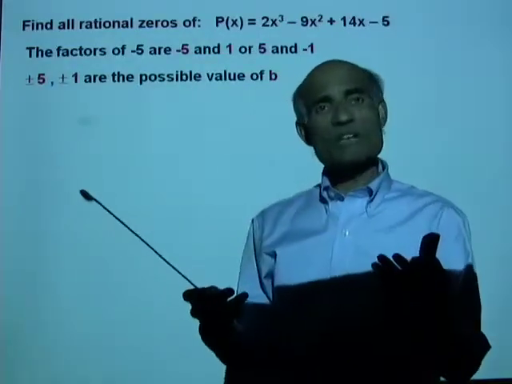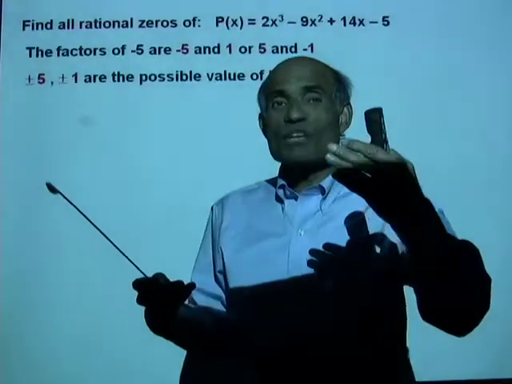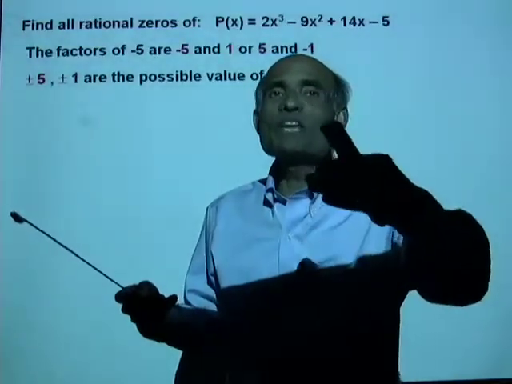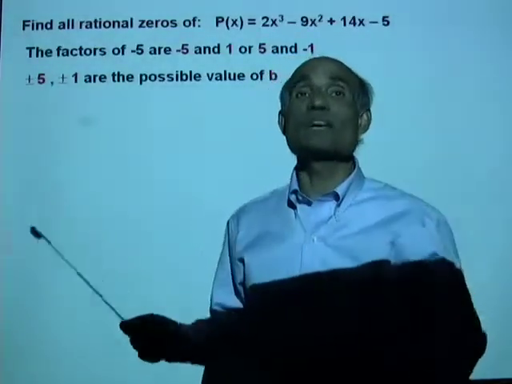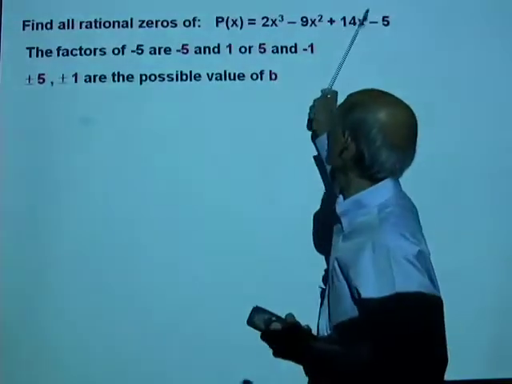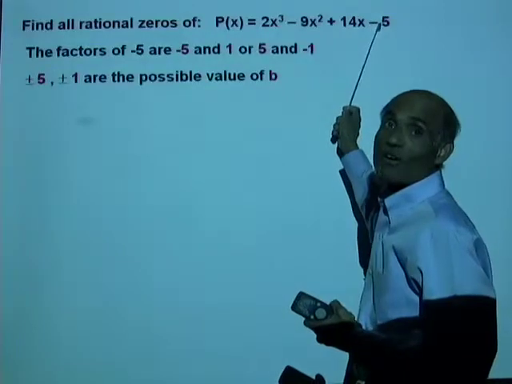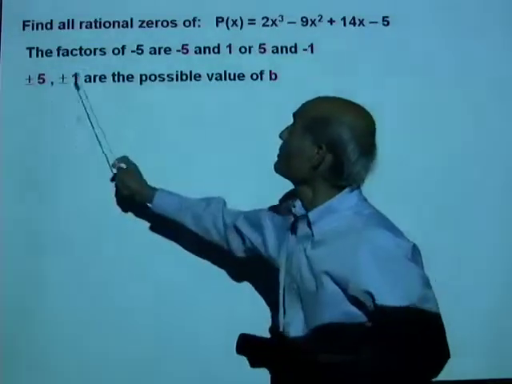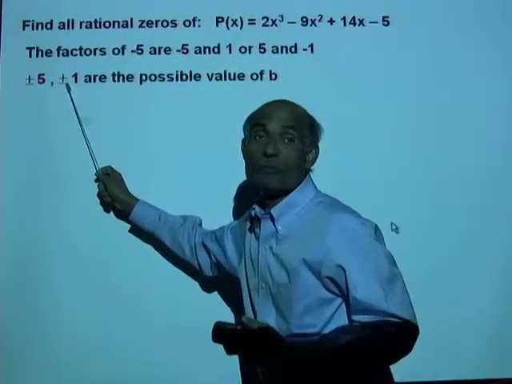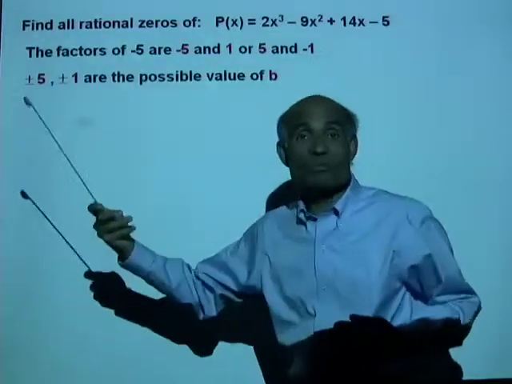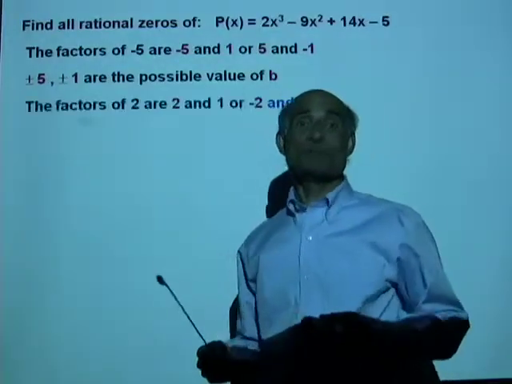What does b stand for? We are looking for the rational zero of the form b over c. b is the numerator, and that numerator has to be an integer factor of the constant term. So plus or minus 5, plus or minus 1 are the possible values of b.